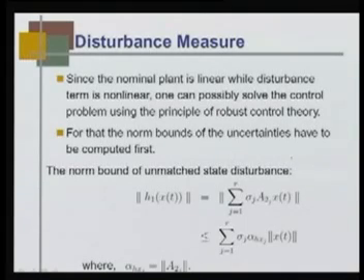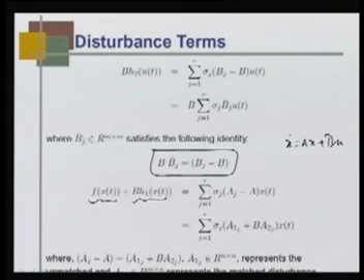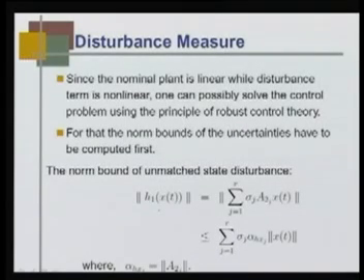The norm bound of the matched state disturbance, which is h 1 x t, which I will show you, is this one.